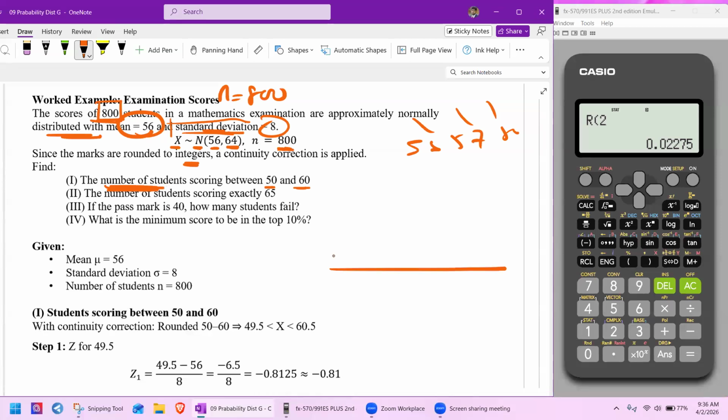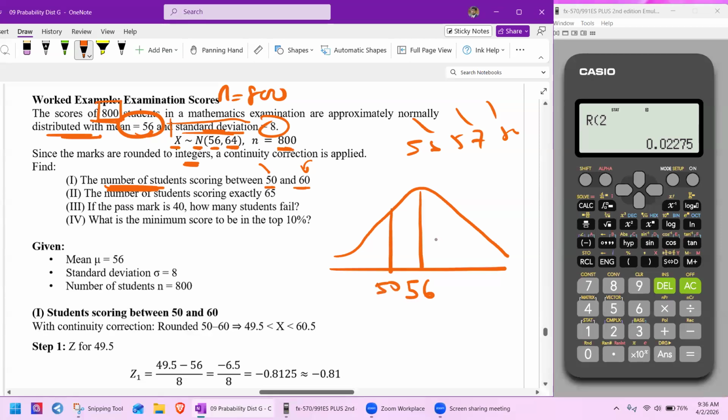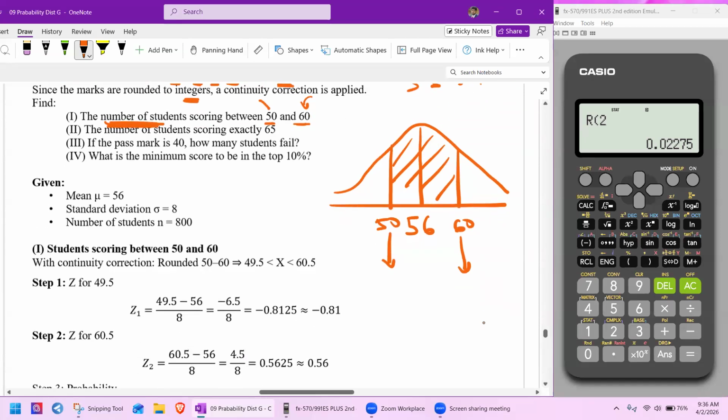Here this is a normal distribution with mean 56, and we want to find how many students get marks between 50 and 60. Here this is 50 and this is 60. We have to find the probability, so we have to convert these X values into Z.